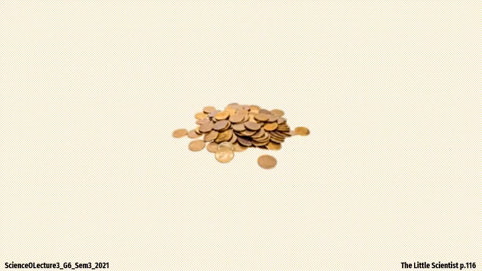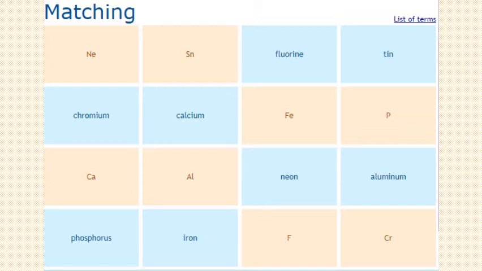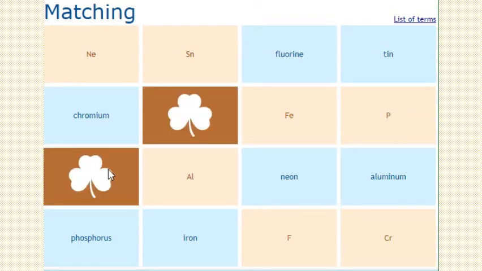Let's talk about this. Can you help me solve this matching game? Let's find the symbols for the following elements. We have different elements: phosphorus, fluorine, calcium, neon, aluminum, and let's start. I will start with calcium, Ca for calcium.